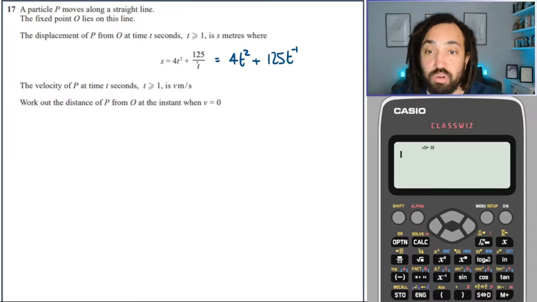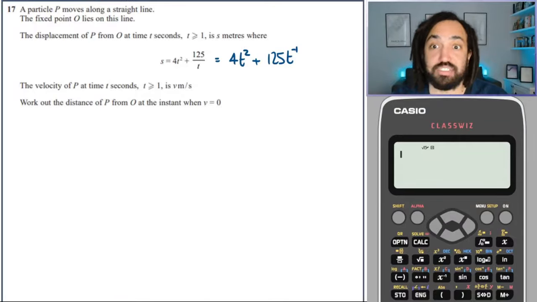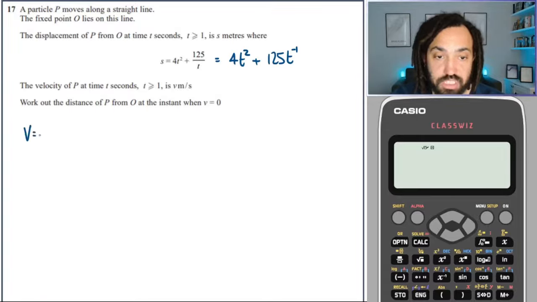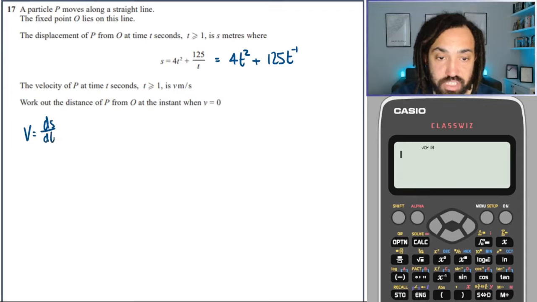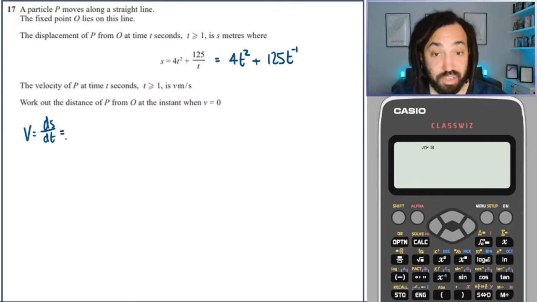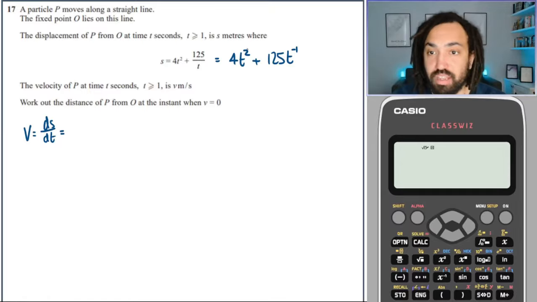That's because we've got 125 divided by t. So when t is on the bottom, it's the same as having t to the -1 in this case. Okay, so let's differentiate that because the velocity is equal to the derivative of the displacement with respect to time. That's a fancy way of saying differentiate it.